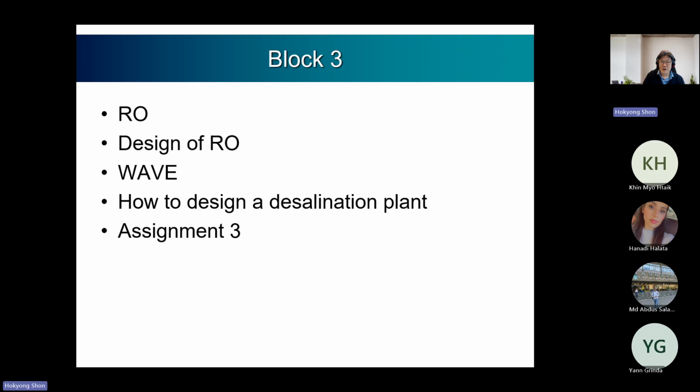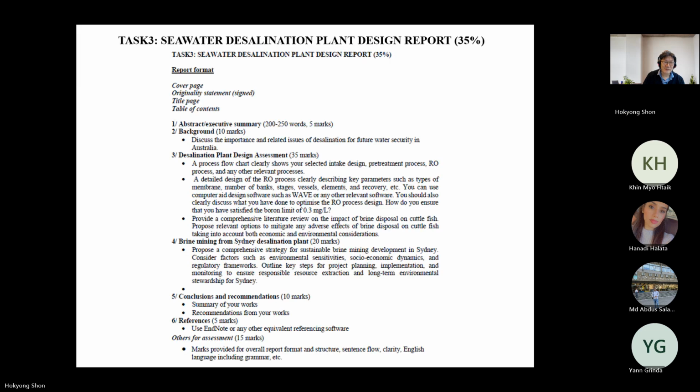Block 3, the reverse osmosis: you are now very familiar with reverse osmosis, how it works, how we can calculate the different flux and membrane selection and design, and how to design a desalination plant. So that's what we have discussed so far.